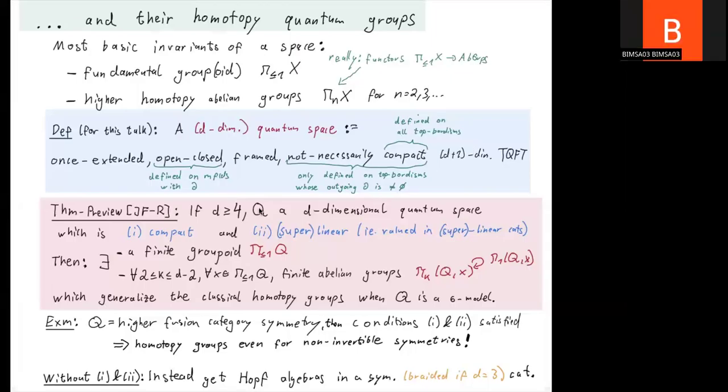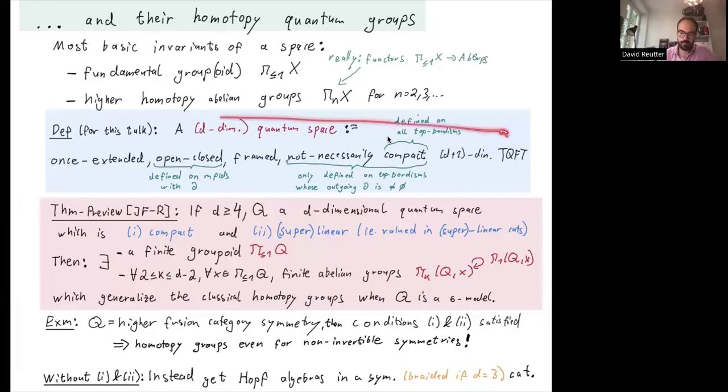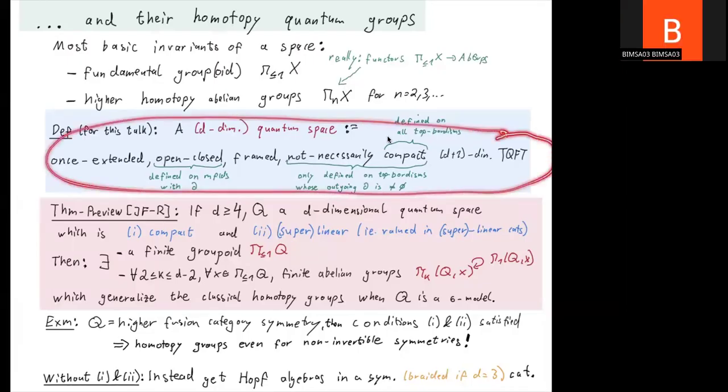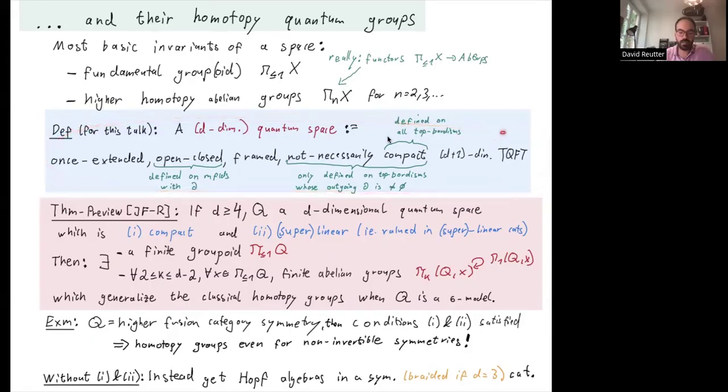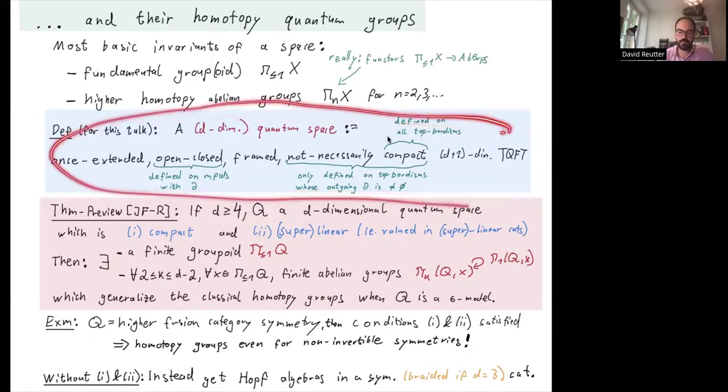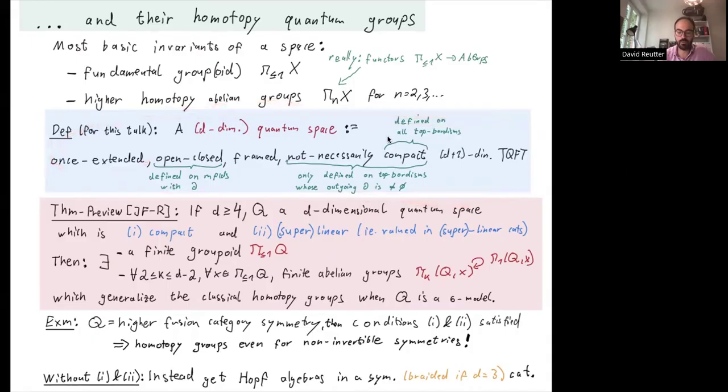Wait, so your base fields are complex numbers or not necessarily? Algebraically closed, characteristic 0. Okay. That's what I need. So for this statement here, in this generality, I don't need anything. Even my target can just be any symmetric monoidal 2-category, right?